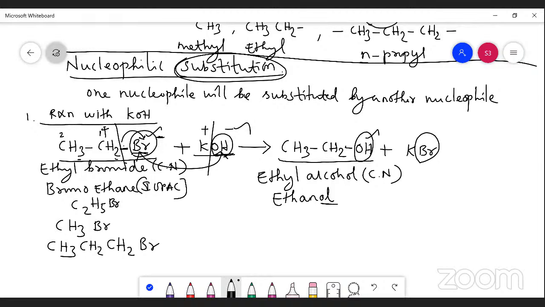So the first reaction, with KOH, what we have done is just substituting one nucleophile by another. Is it okay? So this is called nucleophilic substitution.